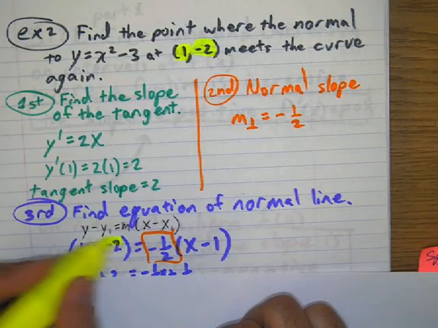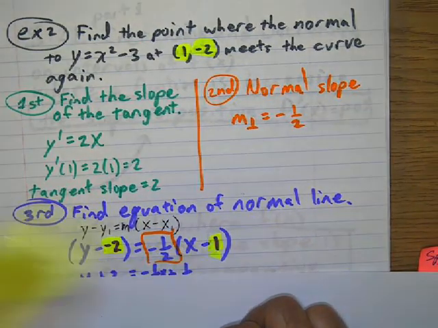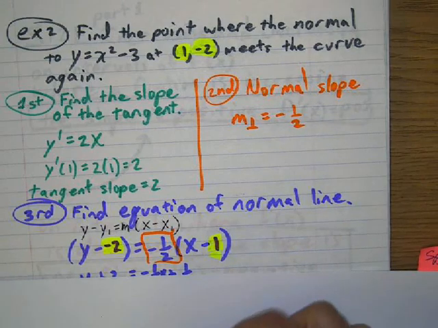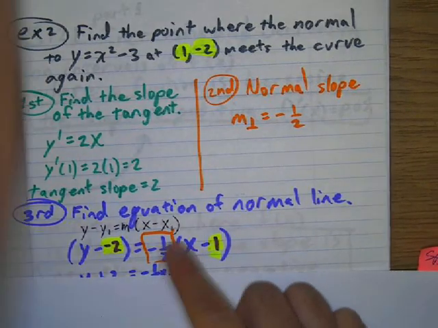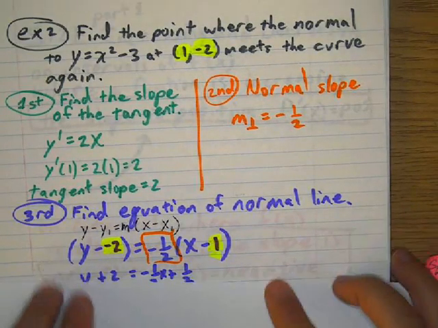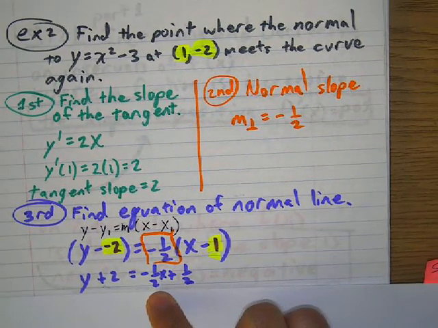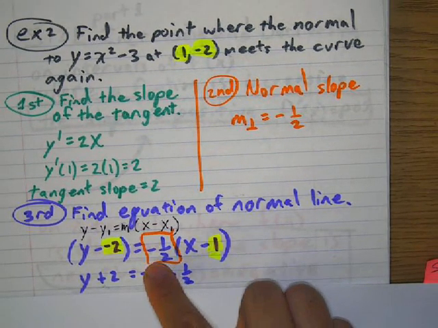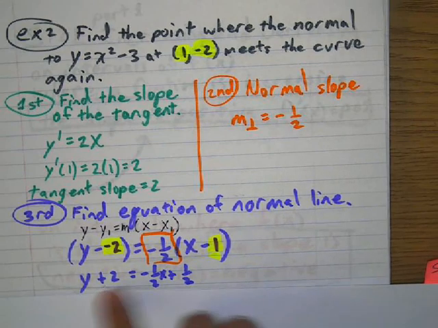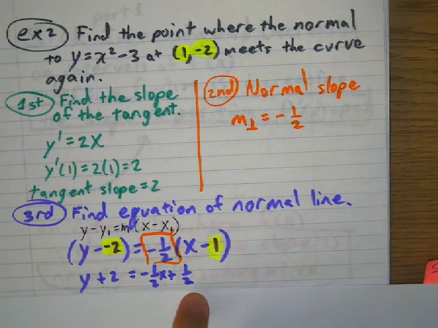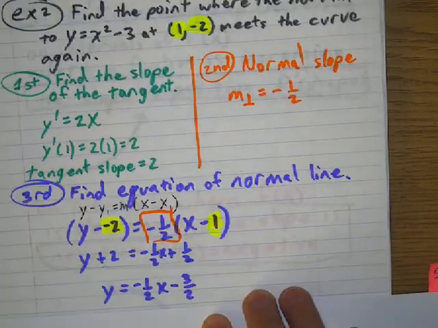I'm going to replace those values with the 1, negative 2. Now I can do the distributive property with the negative 1/2. So I get negative 1/2 x plus 1/2. And then the last step is I'm going to subtract 2 on both sides, and I get this equation.